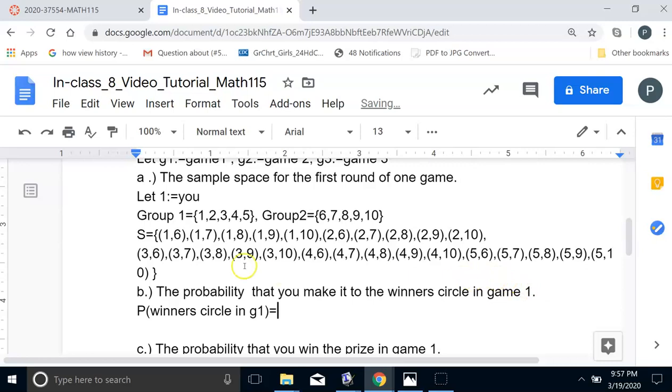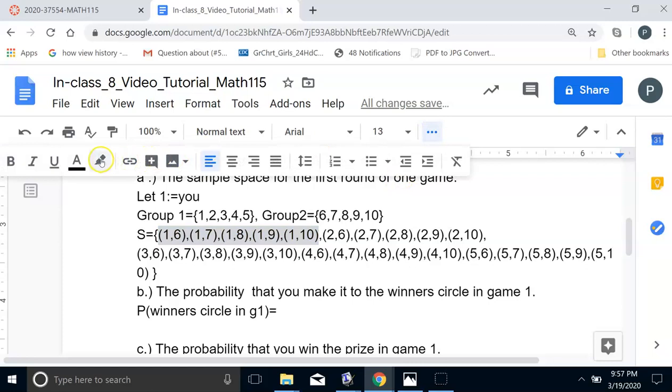Well, if you look up here, all the ones that have a 1 in them are ones that you make it to the winner circle. You highlight those. So there's a total of 1, 2, 3, 4, 5 of them. So it'd be then 5, divided by the number in the sample space.